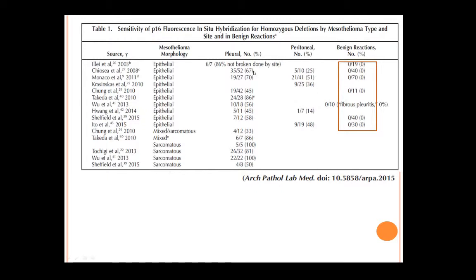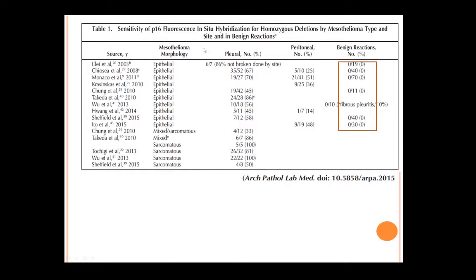However, the sensitivity of P16 loss was between 33 and 100% in different studies, with an average sensitivity of 67%. So they concluded that P16 is a specific marker for diagnosis of malignant mesothelioma with a specificity of around 100%, and in fact can support the BAP1 immunohistochemical stains for diagnosis of malignant mesothelioma.